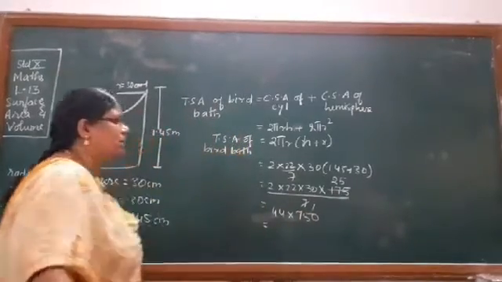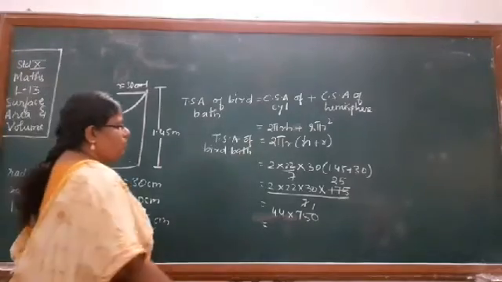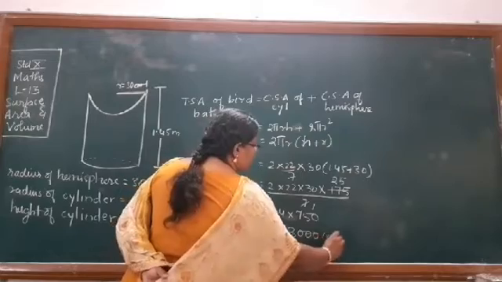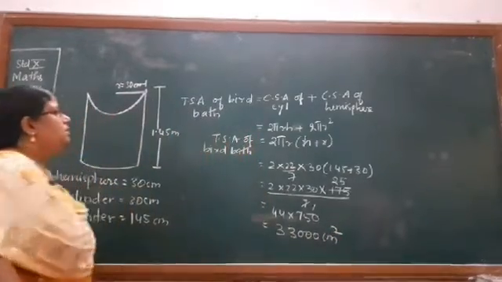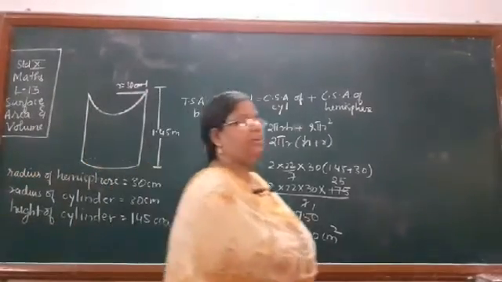Your answer should come as 33000 centimeter square. So this is how we have combined both the figures and obtained the value for total surface area. Please copy down, everyone.